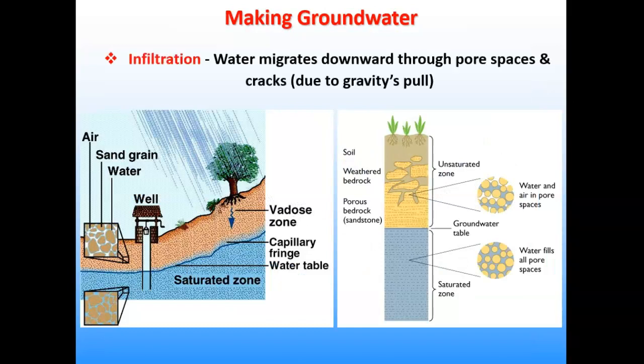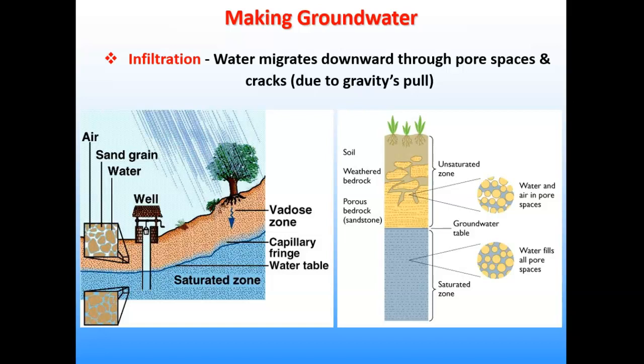When it infiltrates down into the ground, of course, we need some way for it to do that. Now, gravity is the driver here. It's pulling the water down into the subsurface. But we need some open spaces for the water to move through, so it doesn't infiltrate in every material.